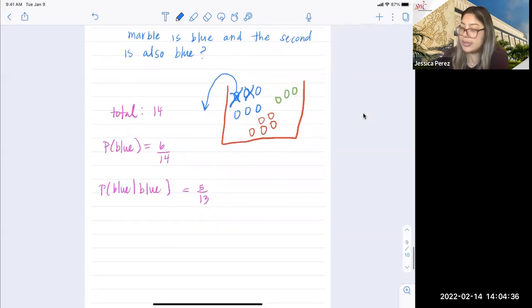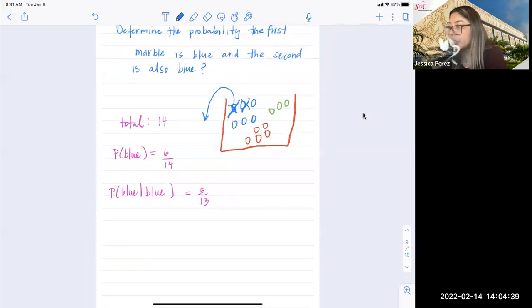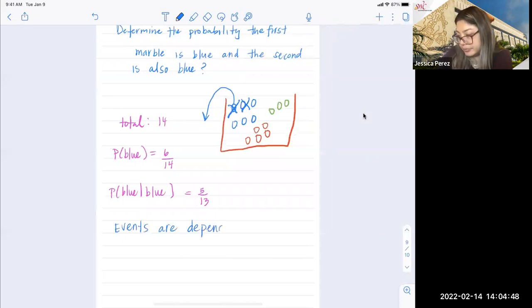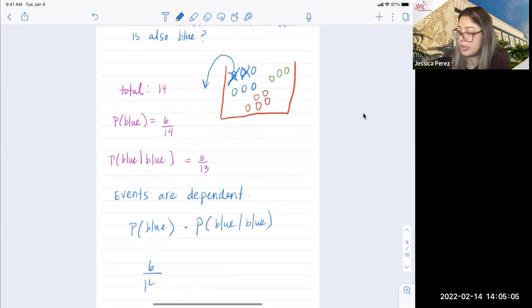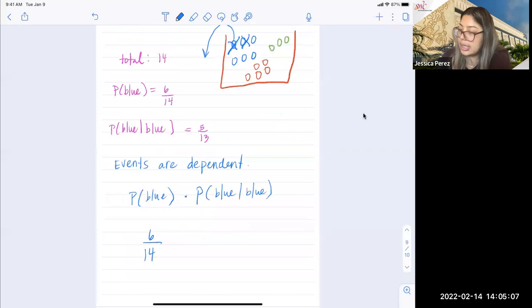So the events are dependent events because you're doing it without replacement. So you find the probability of a blue times the probability of selecting a blue again. You have 6 out of 14 on the first draw times 5 out of 13.